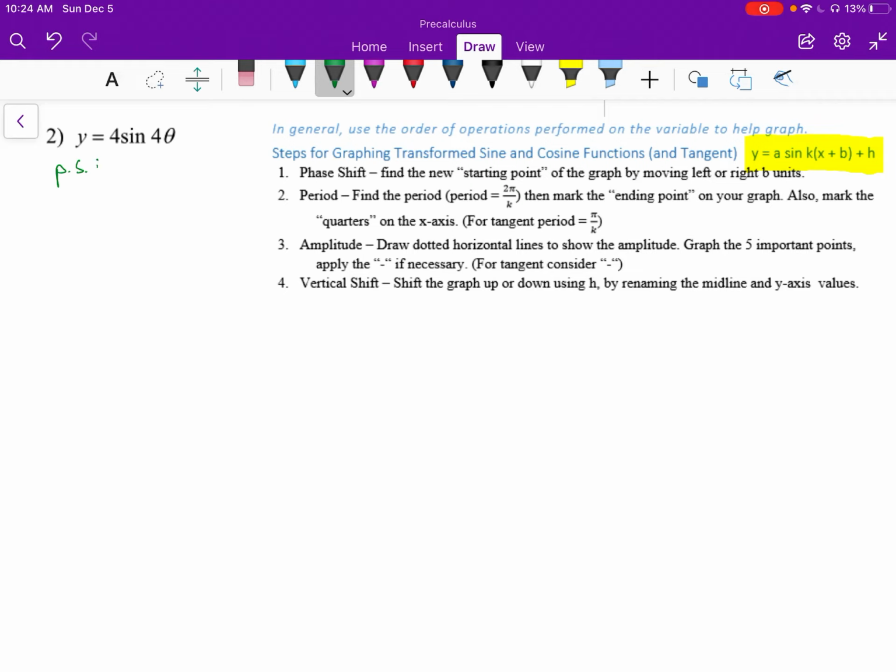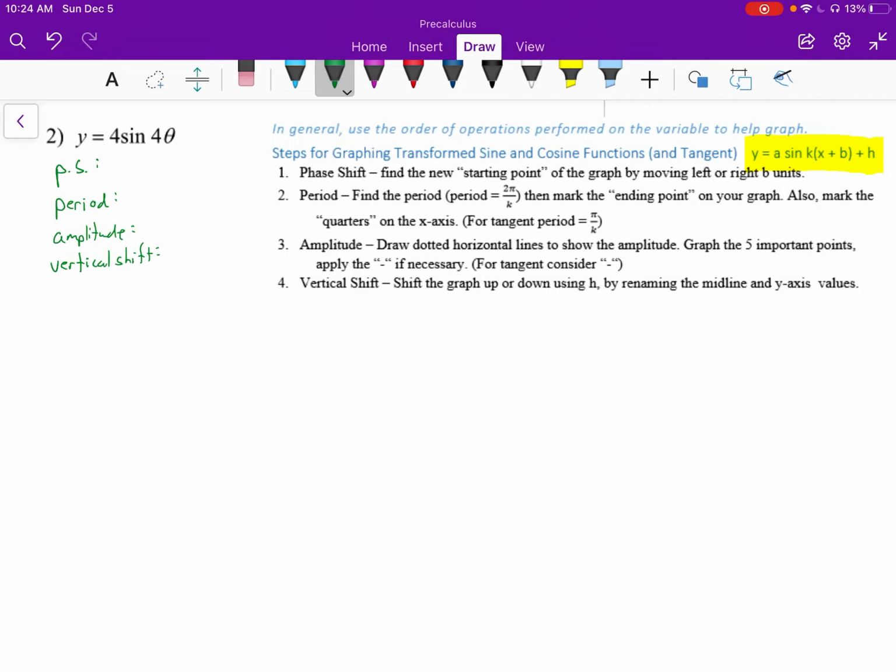We also want to find, and we do it in this order, period, amplitude, and vertical shift. As we work through trig functions, maybe sometimes there's only one change from the parent function. Sometimes there might be up to 4 changes from the parent function.